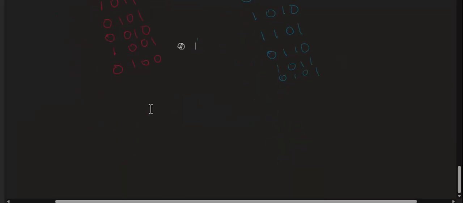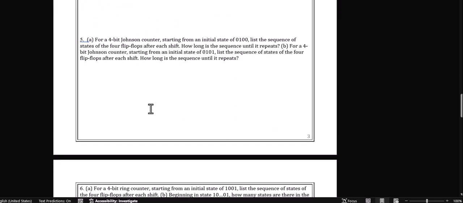Okay, so a ring counter is like a Johnson counter, but it's easier because it doesn't flip the bit as it comes around. So it just keeps that same bit.